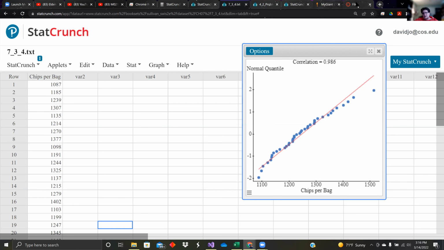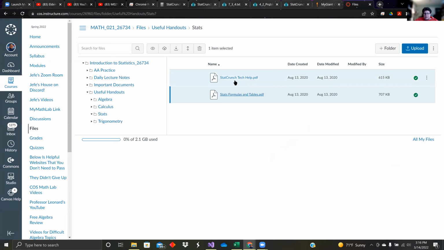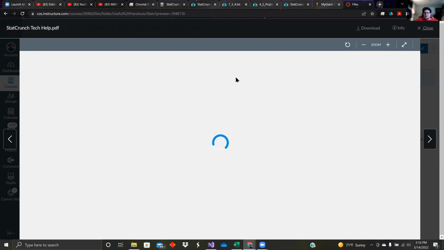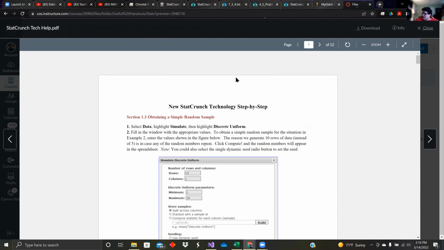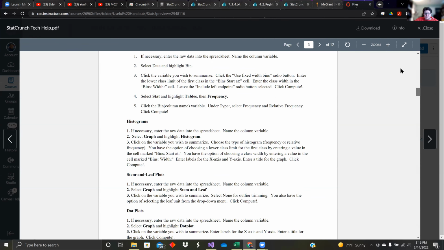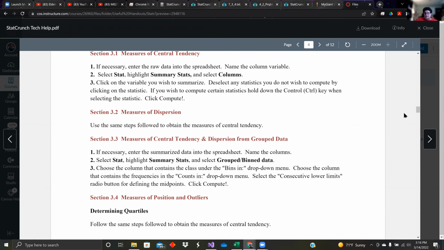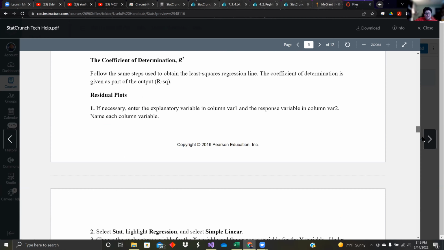Now, I know in my notes, it's not in this one, it's in this one. This has got all the StatCrunch tech help. I'm thinking maybe if I look at chapter 7.3, I can go find what it's supposed to be, because I told you the wrong thing a second ago. Let's just come down to chapter 7.